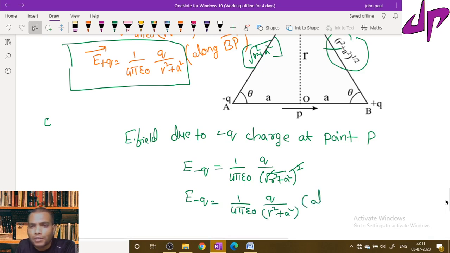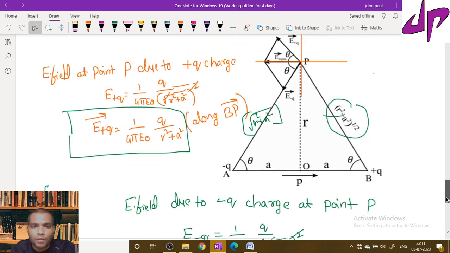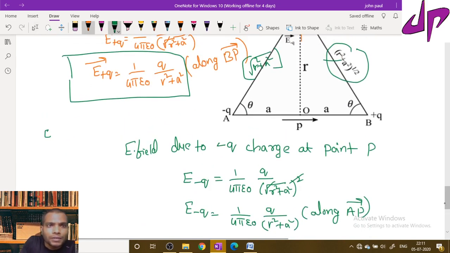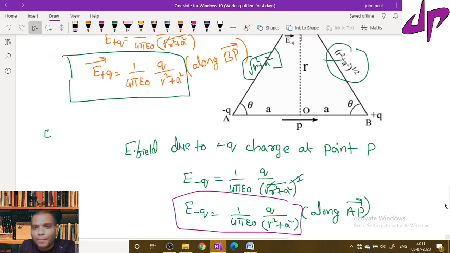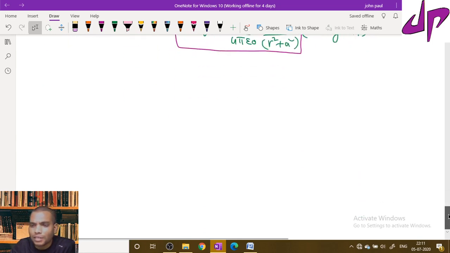And now its direction: because of the negative charge, it is acting along A to P. Now if you observe these two electric fields, due to the negative charge and due to the positive charge, their magnitudes are equal but directions are different. That's why the resultant electric field changes.